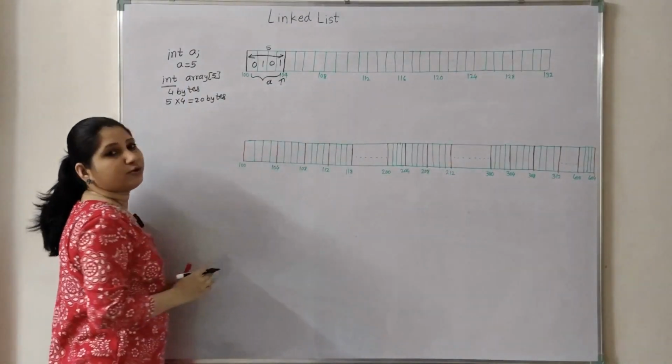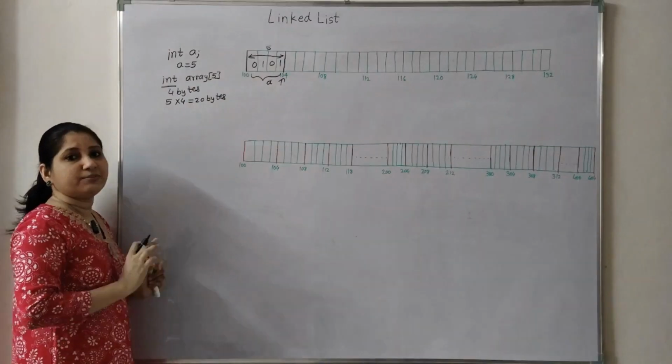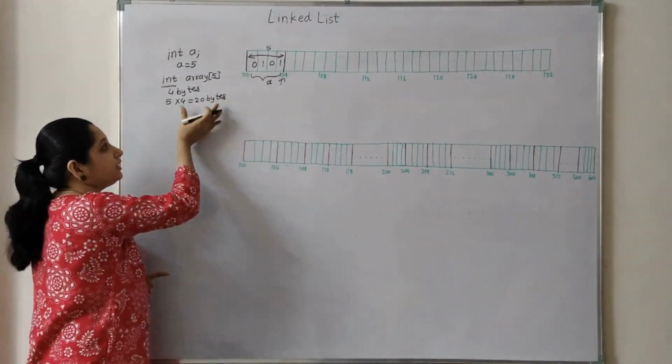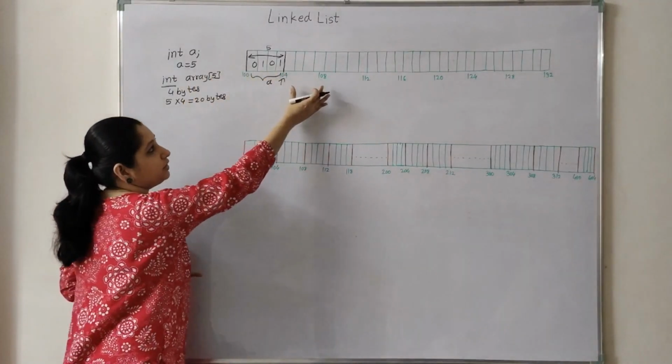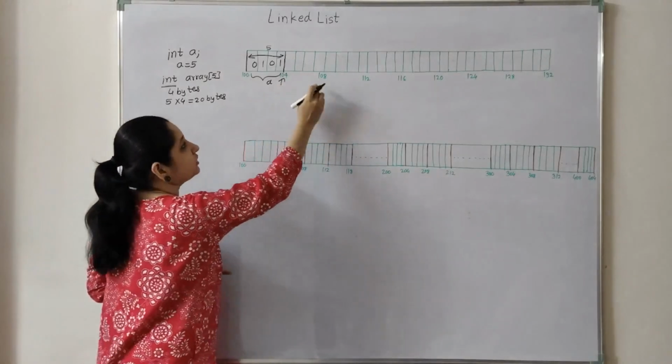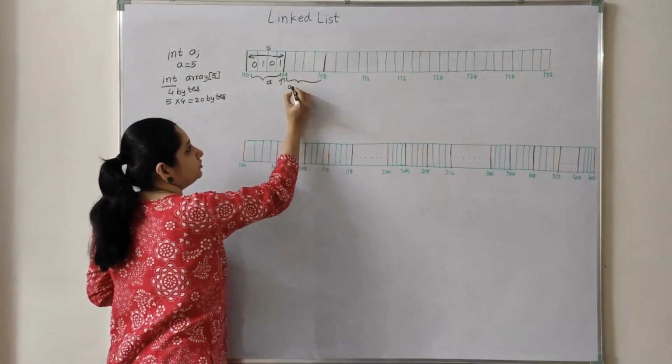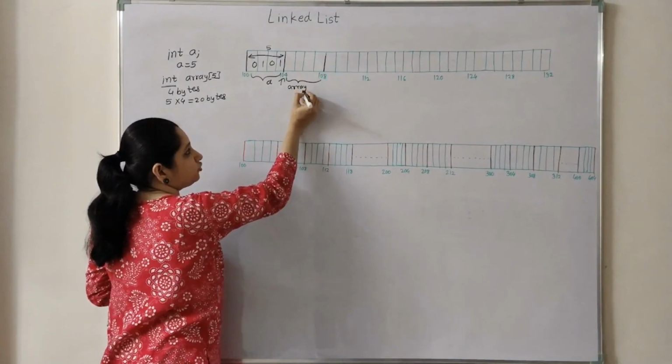So from the 104th location to 108, array[0] will be stored.